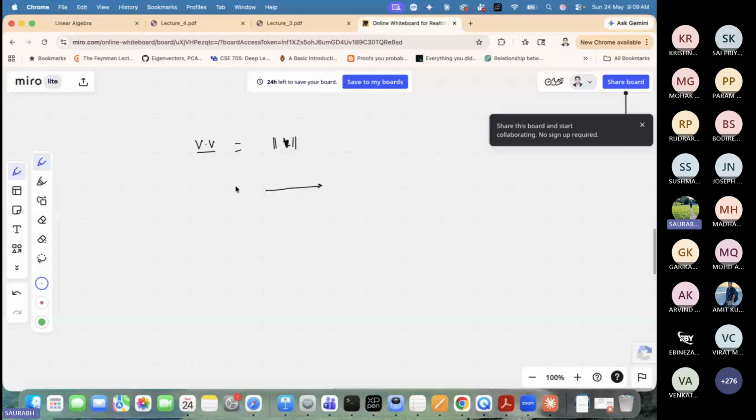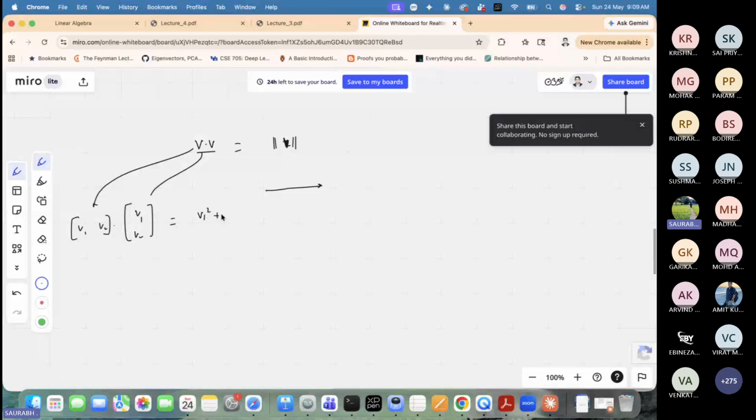Let's say v is v1 and v2, and you multiply it with itself. Let's say this is a two-dimensional vector. When you take the dot product between them, it comes out to be v1 square plus v2 square.